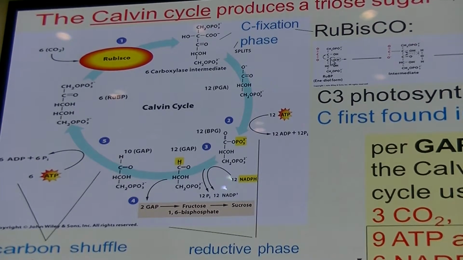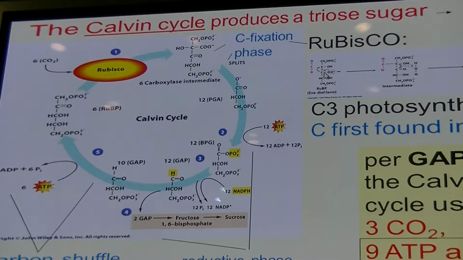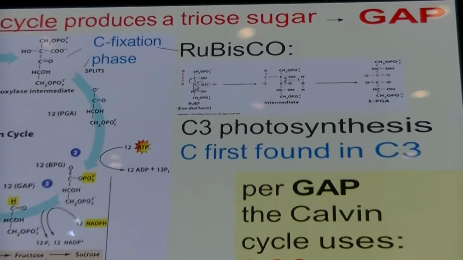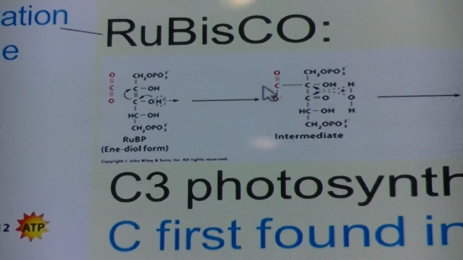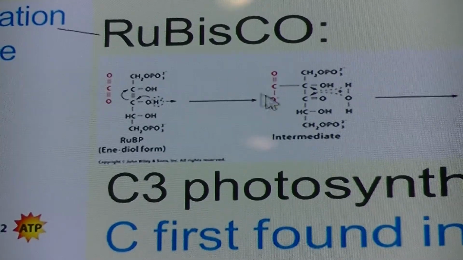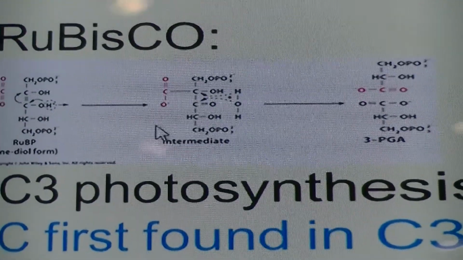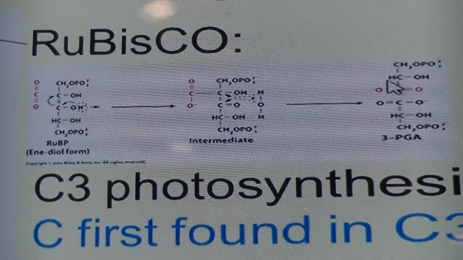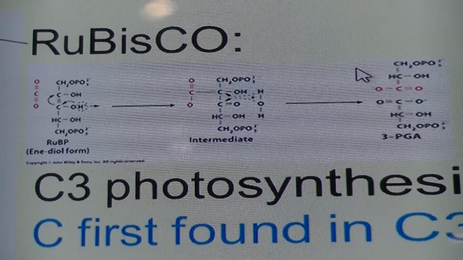There's an interesting resonance here, and that resonance is used for the attack by this CO2, which is catalyzed by the enzyme. And then we get this C6 unstable intermediate that immediately splits into 3 carbon molecules, 2 of them.